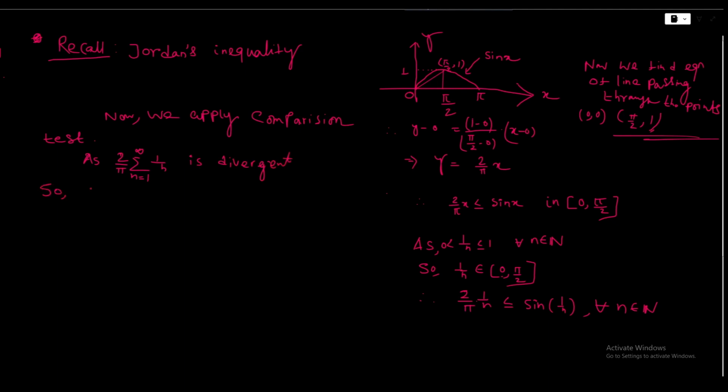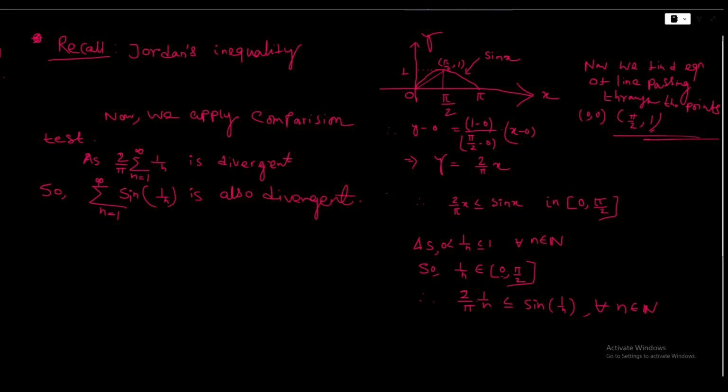So by comparison test, series of sine of 1/n is also divergent. So the first series is convergent, but the second one is divergent.